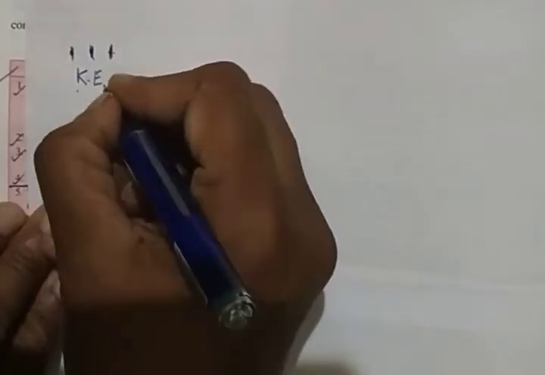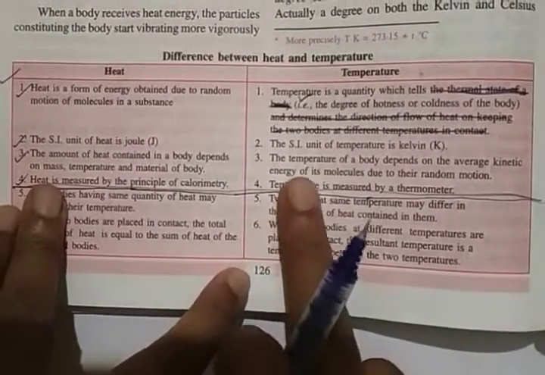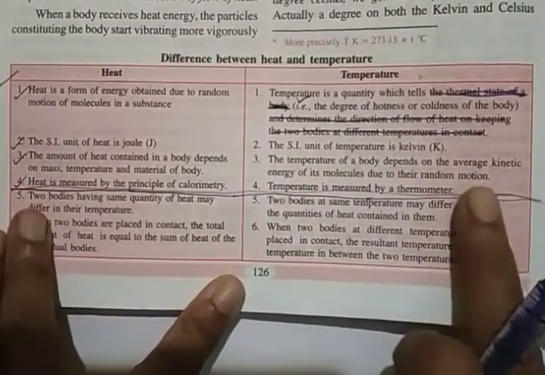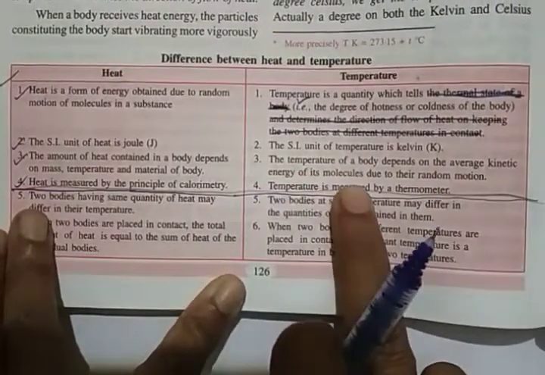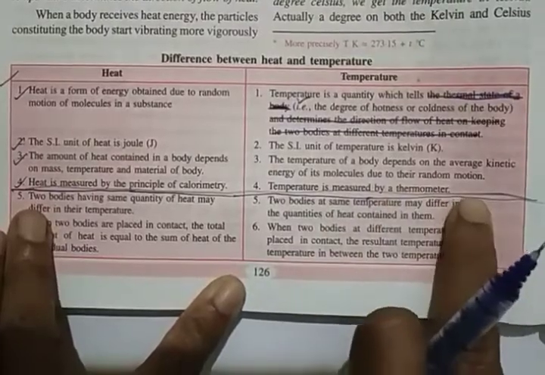You know the energy possessed due to motion is kinetic energy, so all the molecules have kinetic energy. Now if you take the average of the kinetic energy of all the molecules, that is the measure of temperature. So that is what is given here: temperature of a body depends on average kinetic energy of its molecules due to their random motion.